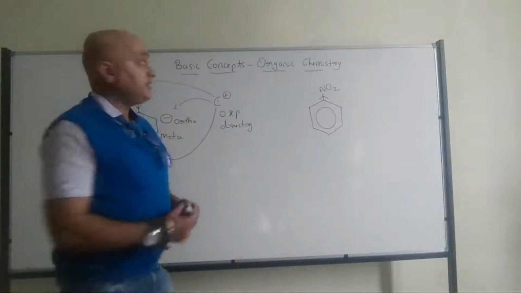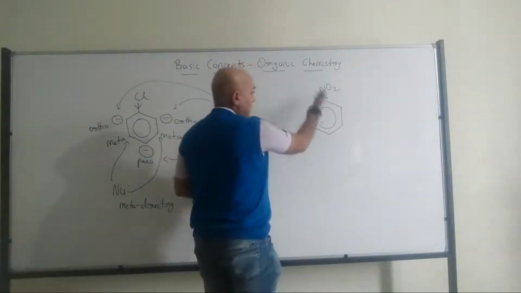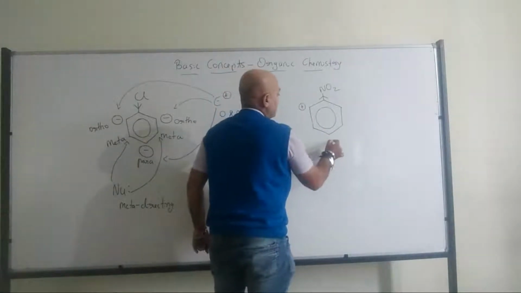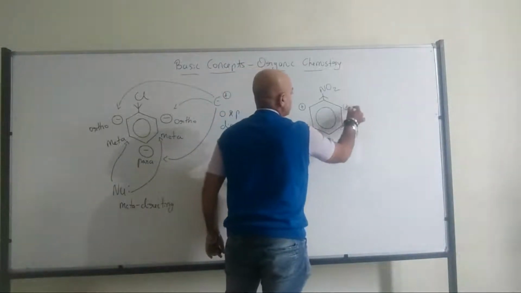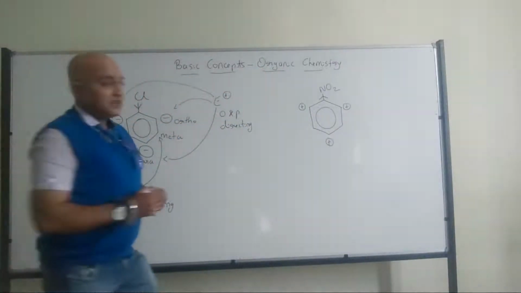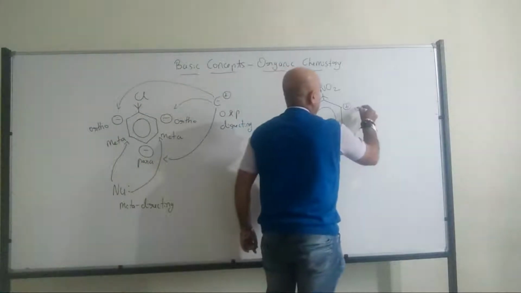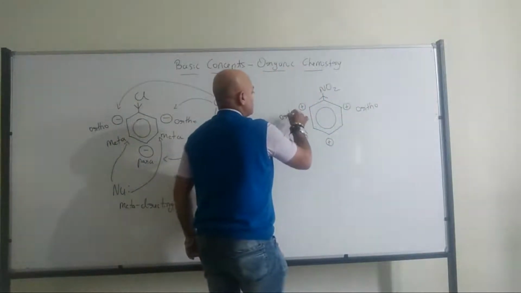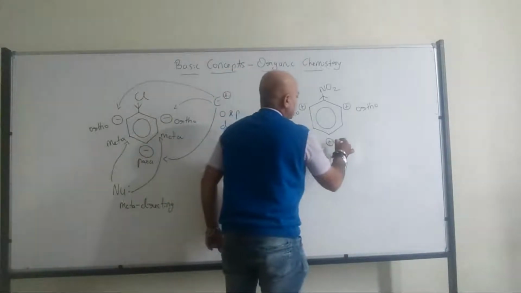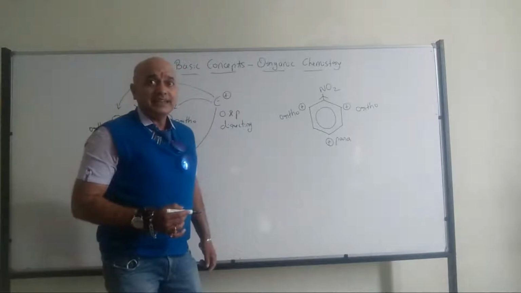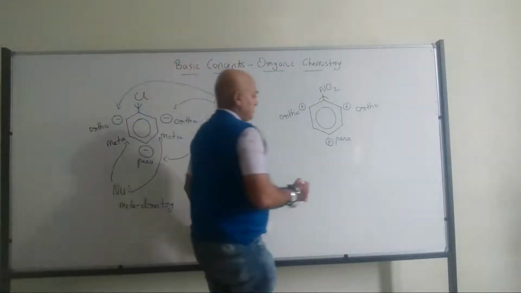Now what will happen? Since electrons are moving away from the ring structure, electron density will be less at ortho and para positions. So that's what we can indicate by the positive sign.